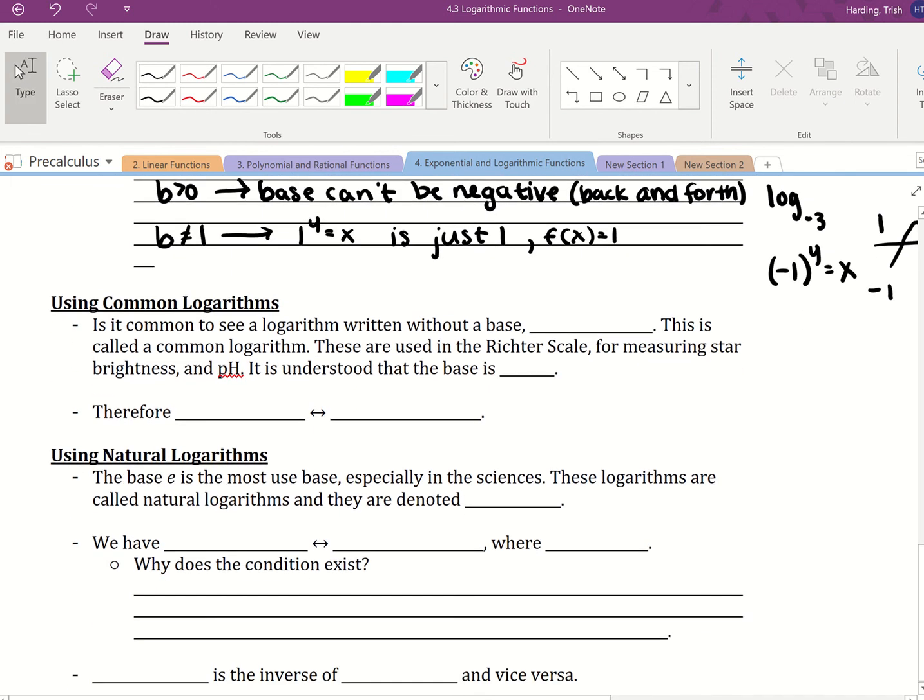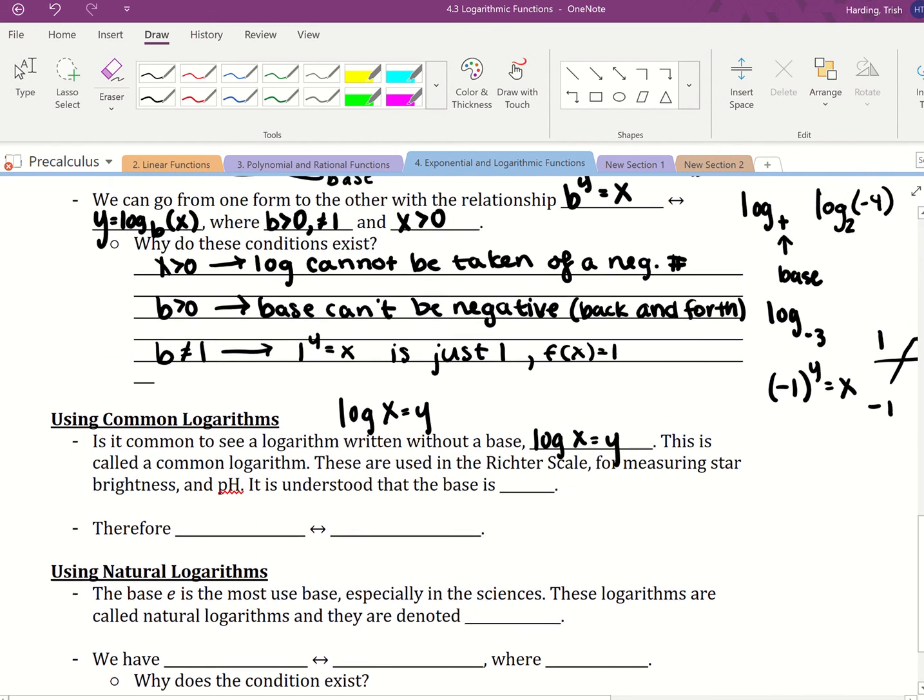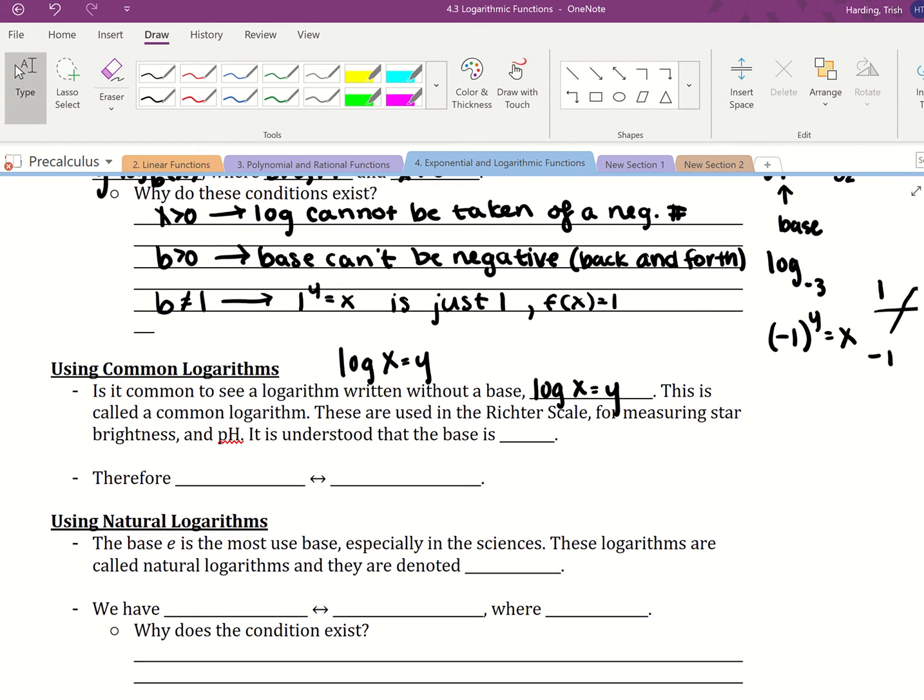Using common logarithms. So a common logarithm, if you ever see a logarithm written like this, log x equals y, then you understand that it has a base 10. Is that how I wrote it above? I want to be sure to stay consistent. Yes.